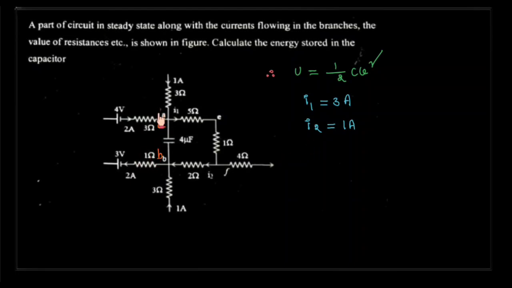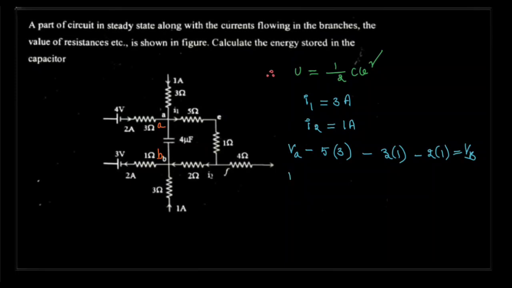Starting from here, VA, since we are going in the direction of the current, the voltage will drop: 5 into 3. Again going in the direction of the current, minus 3 into 1, and again in the direction of the current, minus 2 into 1, will be equal to VB.